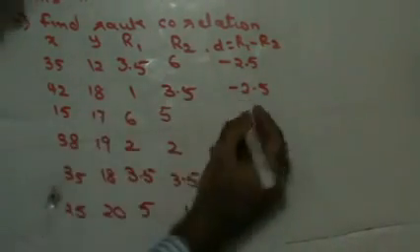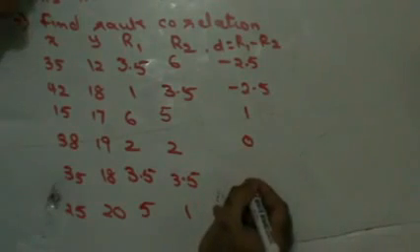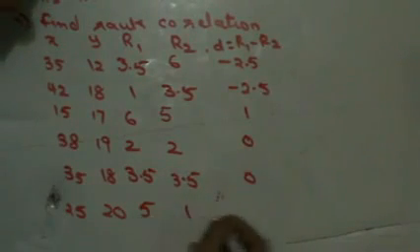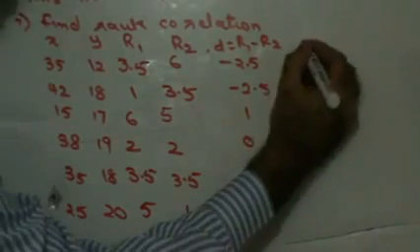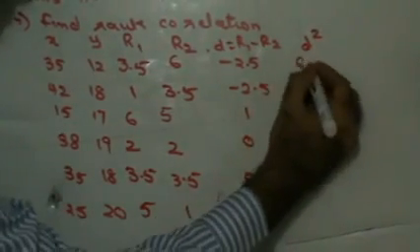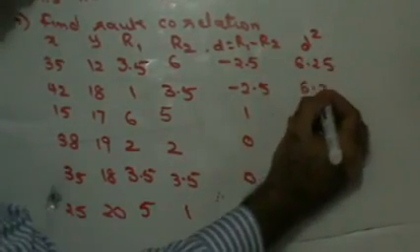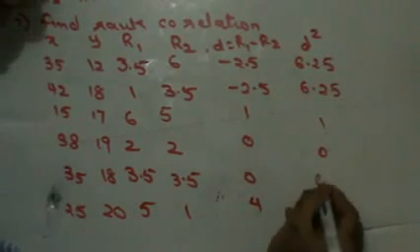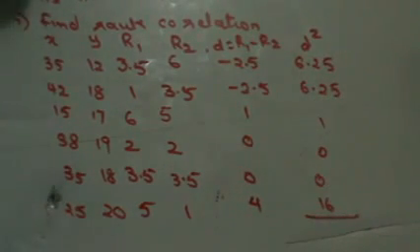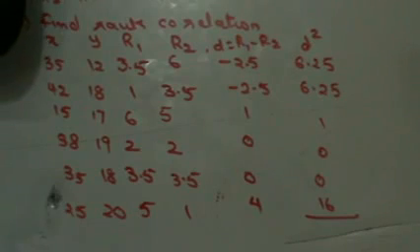Then this is 1, this is 0, this is 0 and this is 5 minus 1, which is 4. Then you find d square. This will be 6.25, 6.25, 1, 0, 0 and 16. Add this.